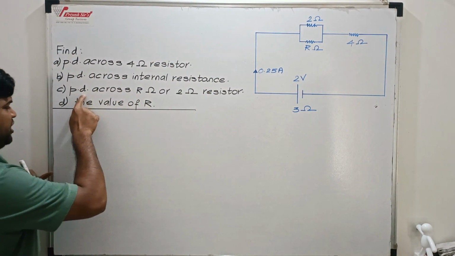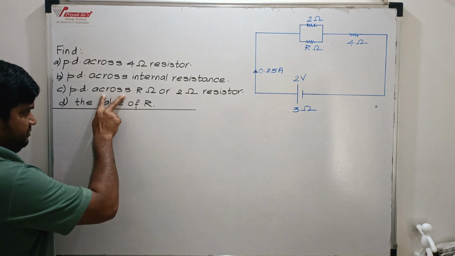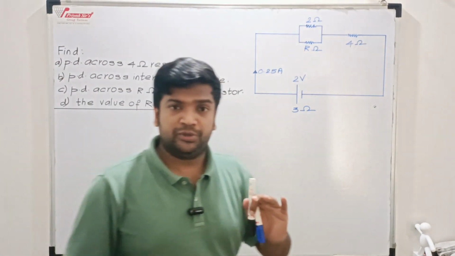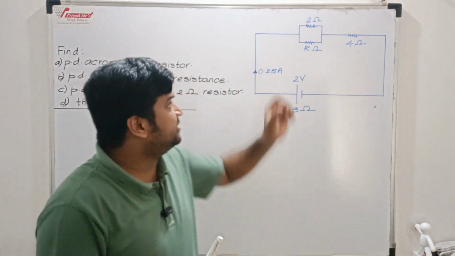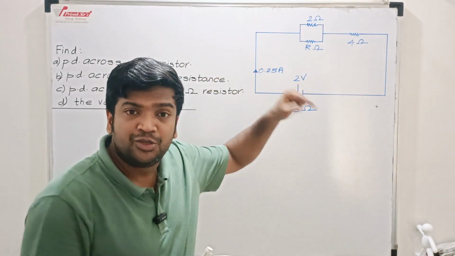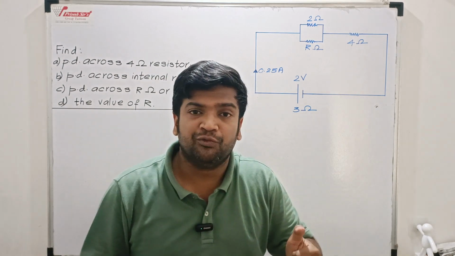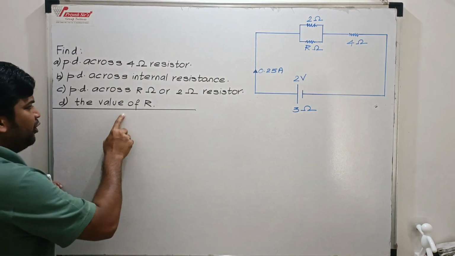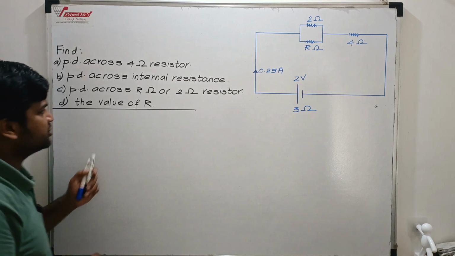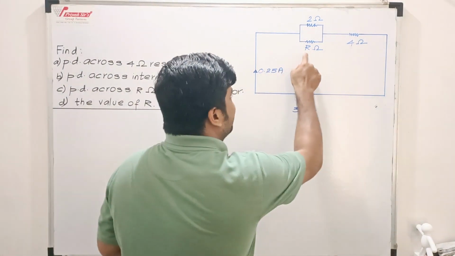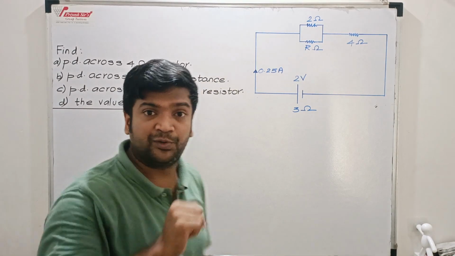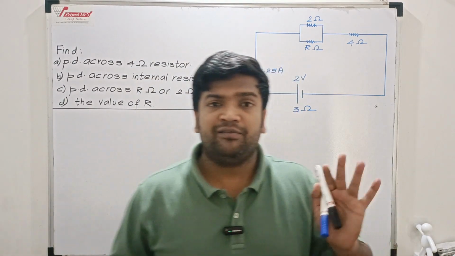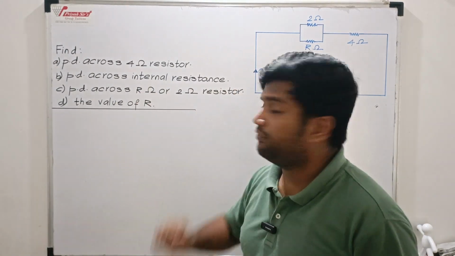Next, potential difference across R ohm and 2 ohm resistor. You must know this, these two are connected in parallel. So in both the voltage would be the same. Next, the value of R. They want us to find the value of this unknown resistor over here, which is given right now as R ohm.